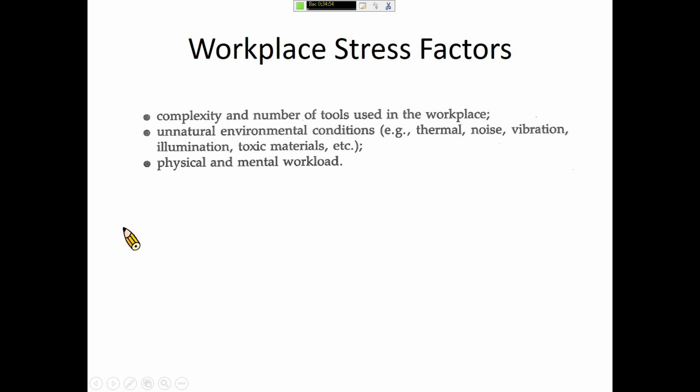And there are a lot of stress factors. I have already demonstrated to you, even something as simple as the classroom is complex. There are a lot of functions intended.